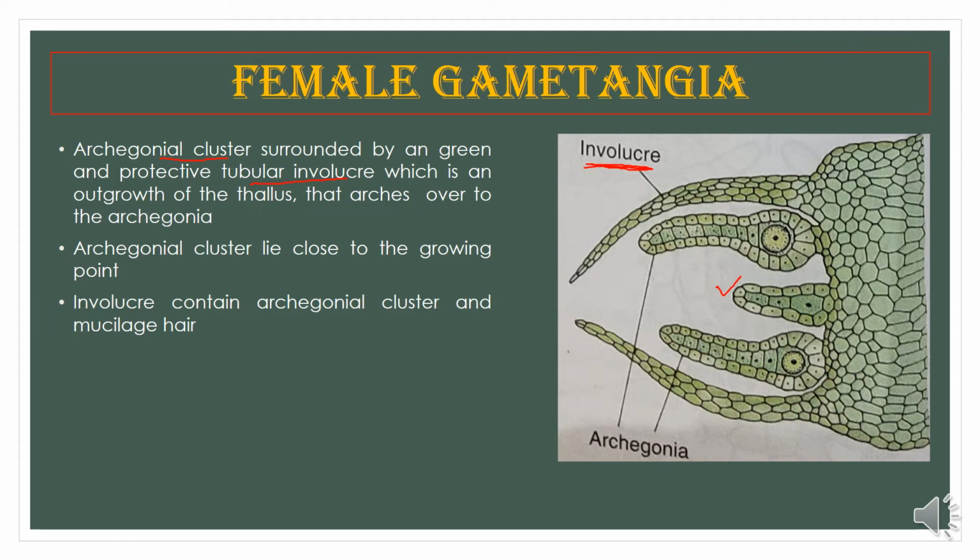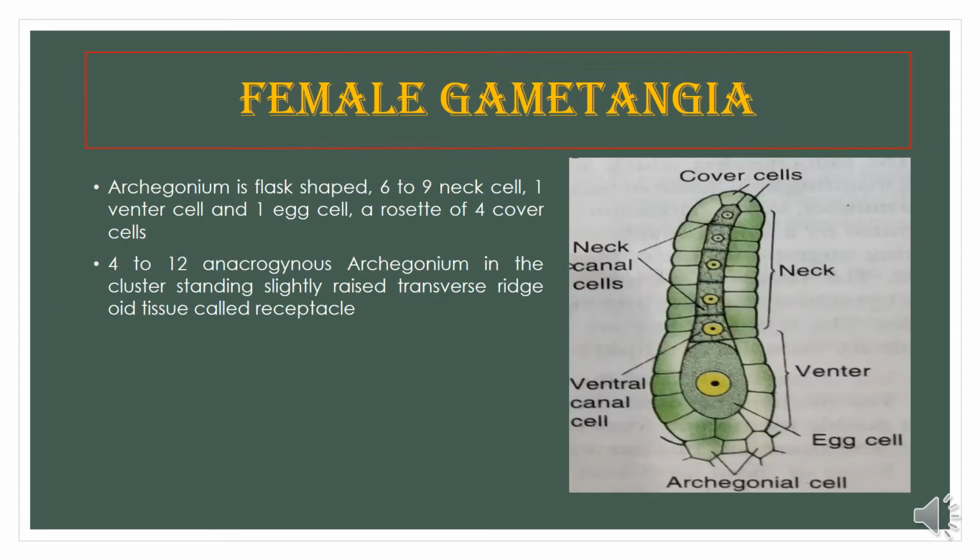So we see this archegonial cluster, and among it there are also multicellular mucilaginous hairs, which are not shown in this diagram. Their main function is to secrete mucilage, so that the sex organs are protected from desiccation.